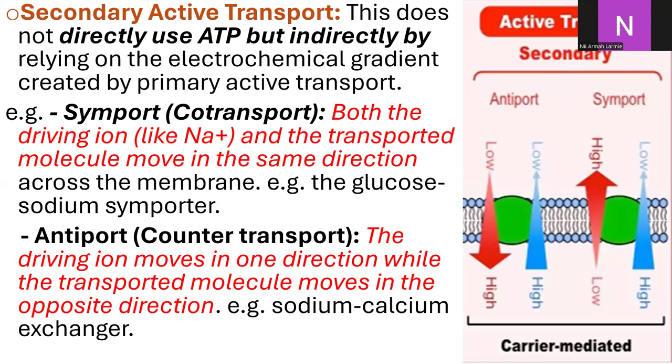That's why it is anti, the opposite, counter: the ion that is driving the movement is moving in one direction, and the molecule that needs to be transported is moving in the opposite direction. And here too, we are using energy, but indirectly. So that is secondary active transport.